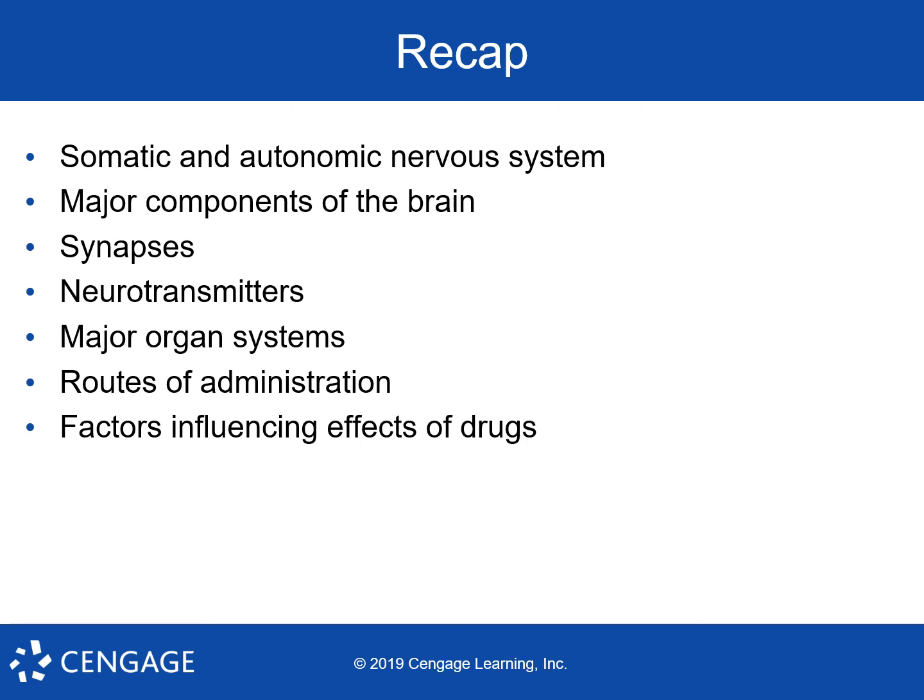The major components of the brain: the cerebrum, cerebellum, the brain stem, and the more functional components of the brain, such as the reticular activating system, the limbic system, the periventricular system. Understand a little bit about how synapses work, along with the use of the major neurotransmitters, such as dopamine, serotonin, norepinephrine, GABA, glutamate. The major organ systems, such as the cardiovascular system, respiratory system, endocrine system, digestive system. The routes of administration: injection, inhalation, ingestion, and absorption. And then what we just talked about, the factors influencing drugs.